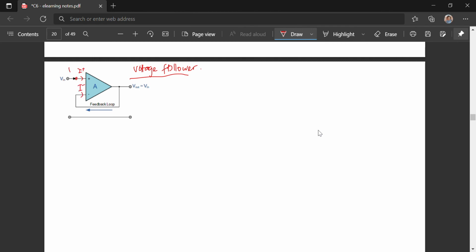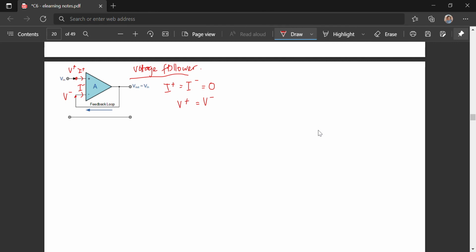Also there is a voltage across the input. So we take KCL. Before we take KCL, we write down the ideal case for the general purpose op-amp: I plus equals I minus equals 0, V plus equals V minus.